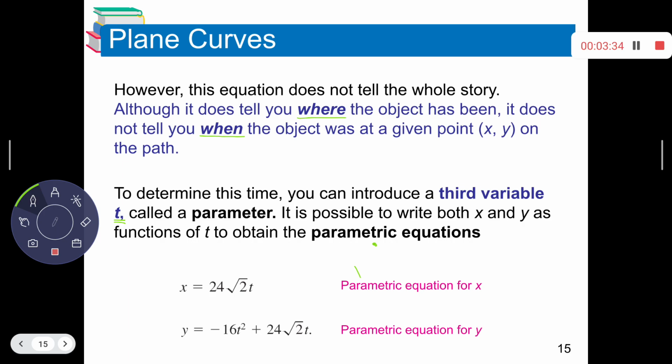So this function right here, which I could write as x with t being its input, would be that. So I could put any time in here. I could say, well, when time equals 2 seconds, what is the x position?